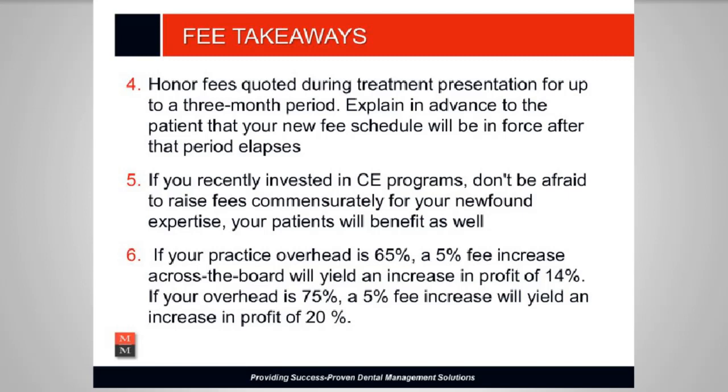I was in an office where a patient was quoted a fee for a crown in December. The patient came in and had it done in January. Nobody, from the assistant to the dentist to the front office, is paying one bit of attention to the patient's clinical notes or what was presented. They raised the fees in January. The gentleman was charged the new fee, and he was paying $5 a month.